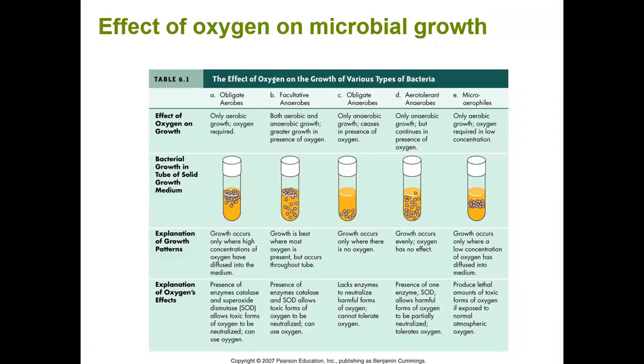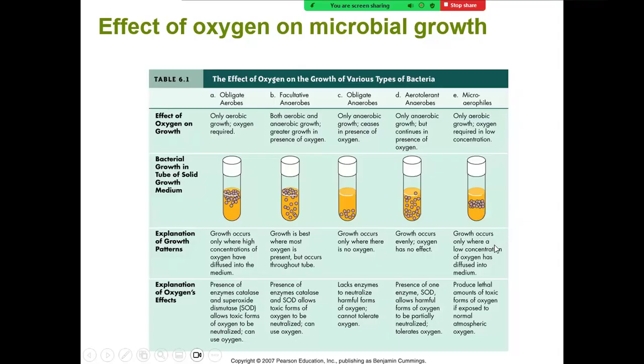So you'll see the best growth in the middle of the tube, where the oxygen level is reduced, but not down to zero. There's less than 20% there. As you go up the tube, you'll see less growth than in the middle of the tube, and as you go down the tube, you'll also see less growth, because there's less oxygen than in the middle of the tube.